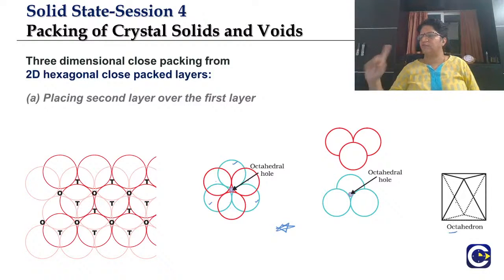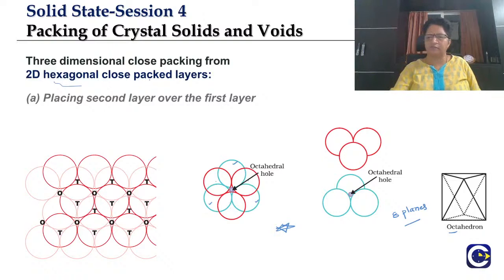Though it is 6, we call it an octahedron because of the number of faces, the planes that we take, we'll get 8 planes. We call it an octahedron. So we have tetrahedral voids and octahedral voids that are formed in a hexagonal close packed structure. Are you able to understand?